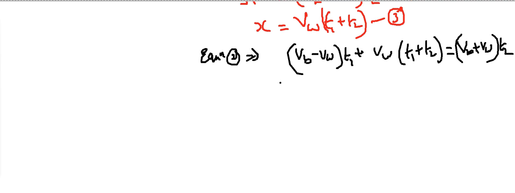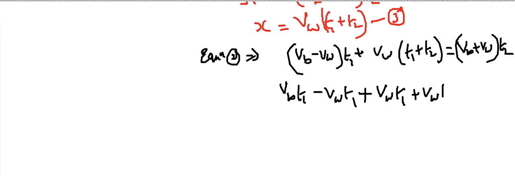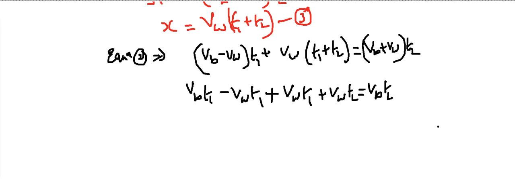So this becomes Vb into T1 minus Vw into T1 plus Vw into T1 plus Vw into T2, which is equal to Vb into T2 plus Vw into T2.